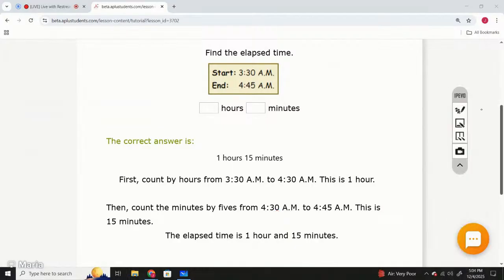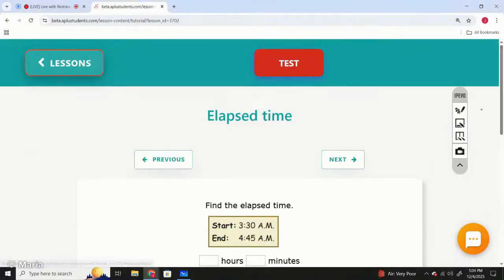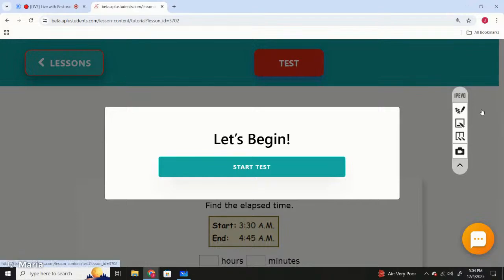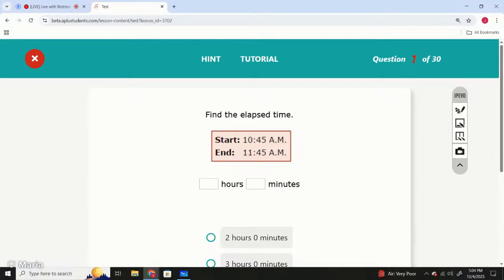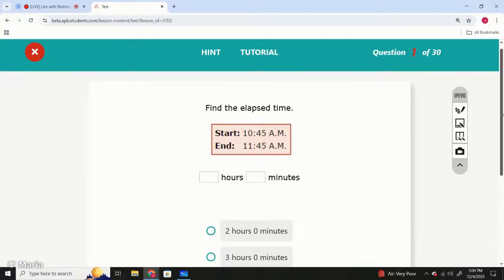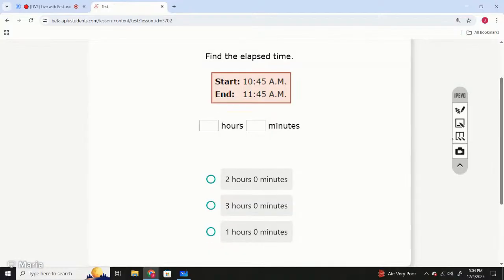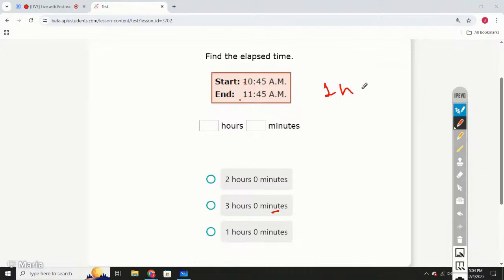Okay, let's just start with the test questions. Find the elapsed time. So we need to calculate the time duration from 10:45 a.m. to 11:45 a.m. First you look at the hours, from 10 to 11 we have just 1 hour, and from 45 to 45 minutes we have 0 minutes.